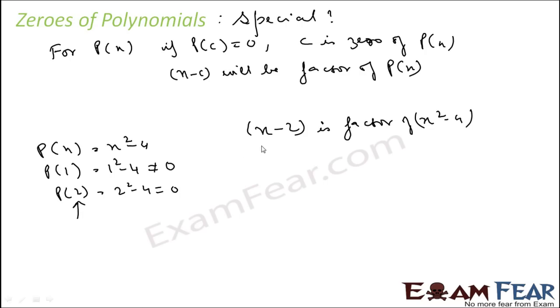Just by finding the 0 of the polynomial, I can say that x minus that number, the 0 of the polynomial, is a factor of this whole p(x). x minus a 0 of the polynomial will be a factor of p(x). Just an introduction. Anyway, we'll study this in detail in the next few slides.